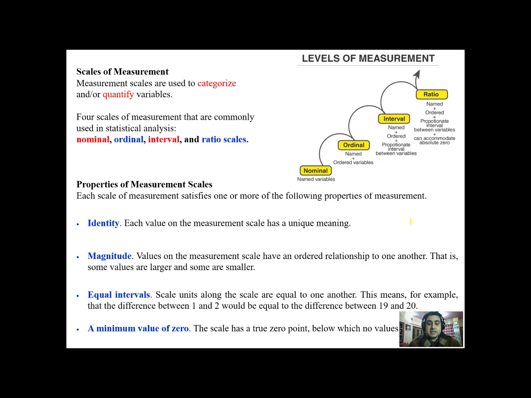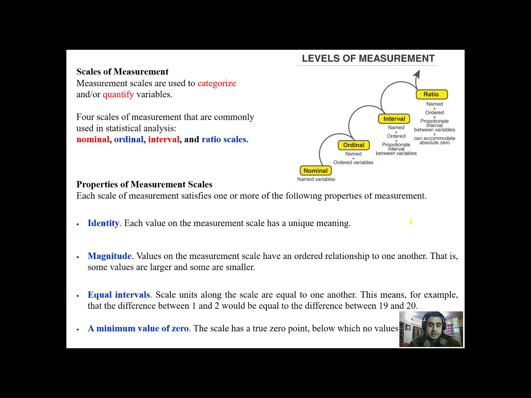If you see, the difference between 5 and 6 is 1, and the difference between 6 and 7 is also 1. So each successive unit has an equal interval between them. Likewise, as given in the slide, there is an equal difference between 1 and 2 and an equal difference between 19 and 20.